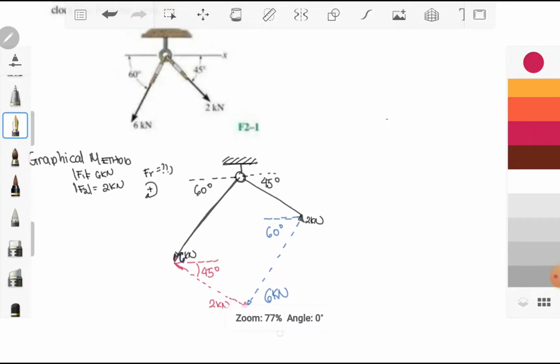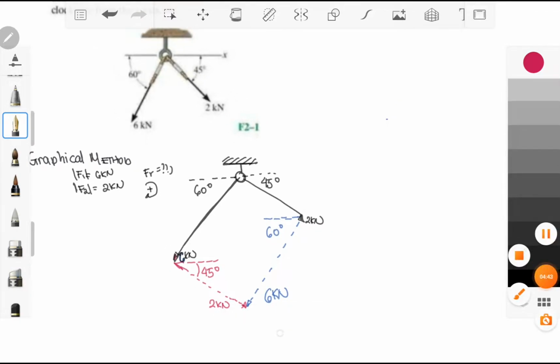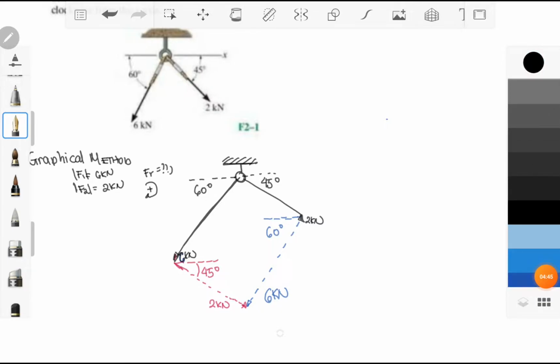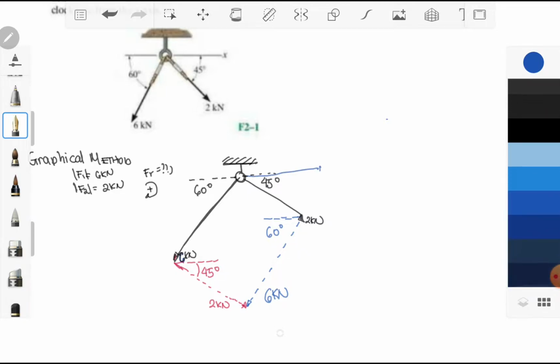So the problem asks us to get the value of the resultant force and its direction below the x-axis, or the clockwise direction from the x-axis.